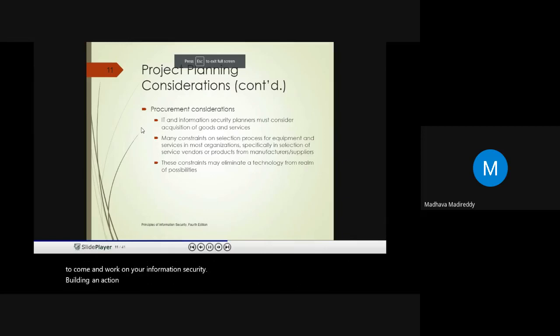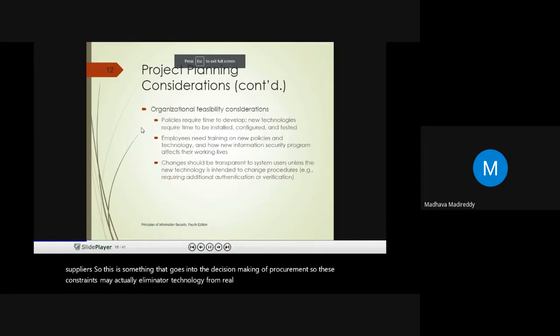Many constraints are on the selection process for equipment and services in most organizations. Specifically in the selection of which vendors, which products, where to buy these products, and who are the reliable manufacturers and suppliers. This is something that goes into the decision making of procurement. These constraints may actually eliminate a technology from the realm of different possibilities.